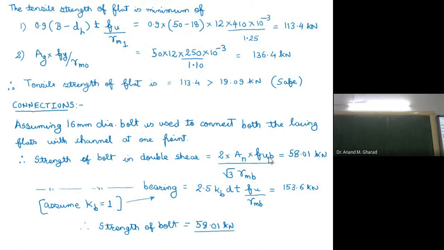What should be FUB? 400. Gamma MB? 1.25. AN? Yes? Karo calculate. How to calculate AN value?